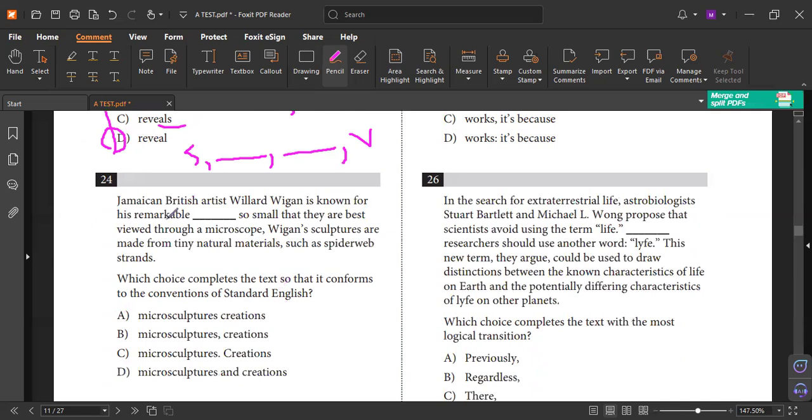Now it's your turn. Answer 24. B. So you think it's B, but why?